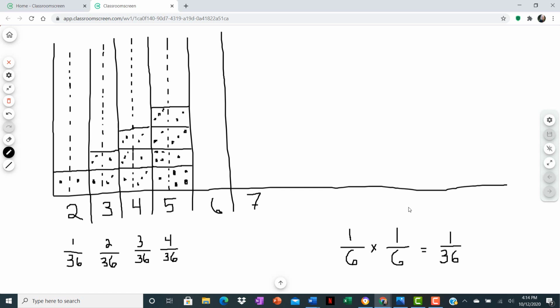Because this is going to tell us quite a bit about how we understand probability and normal distributions. We spent a lot of time last week and a little bit this week on normal distributions. Now we're looking at probability. So once you're done, it would be nice for you to have a completed chart with all of your possible dice rolls plus your fractions along the bottom in terms of probability. We'll talk about it when we meet and see what you found.